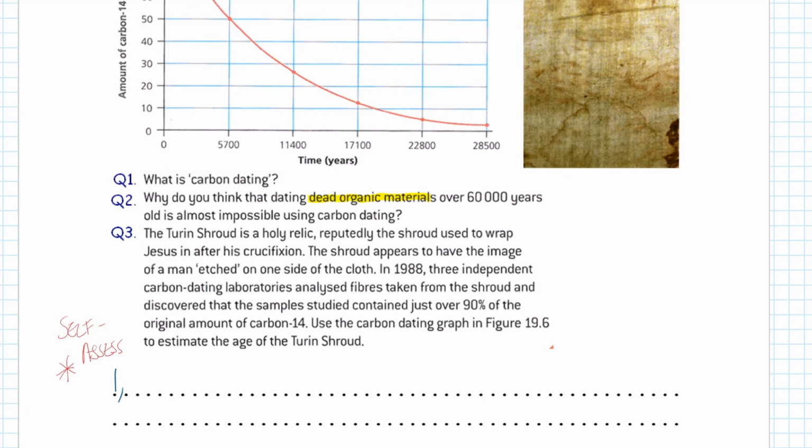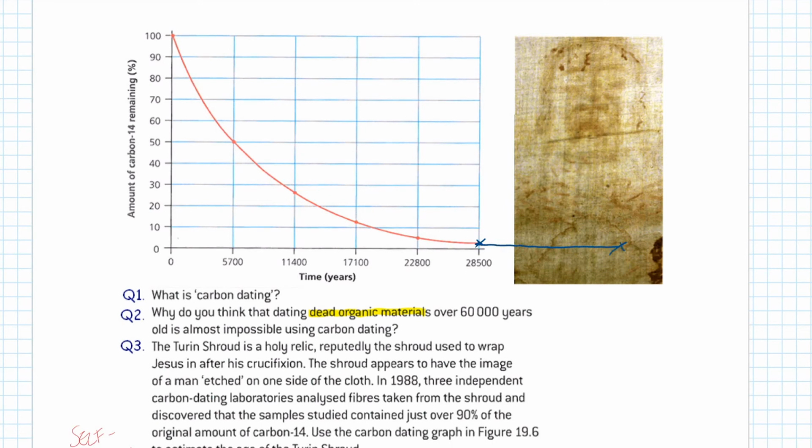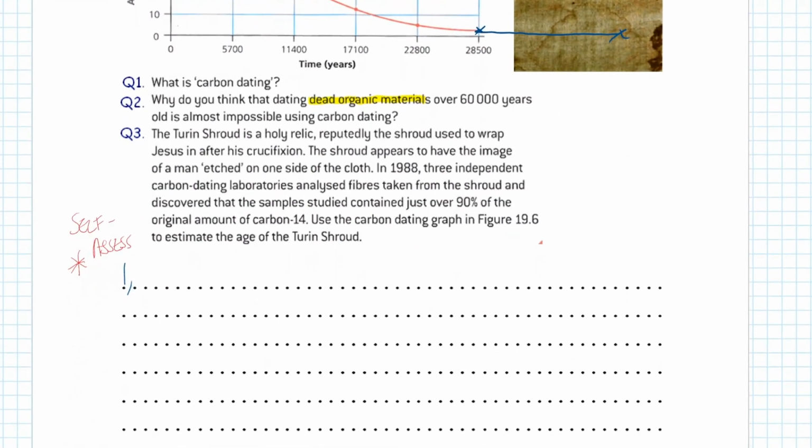Why do you think that dating dead organic materials over 60,000 years is almost impossible? Well, if you look at this graph, you can see that the percentage of carbon-14 remaining is very, very small. That looks about 3 or 4%. So you can imagine after 60,000 years, if we were to continue that line, the carbon-14 would be too small to measure.